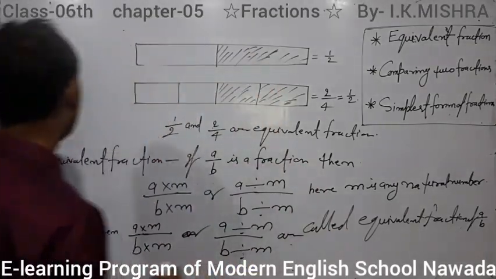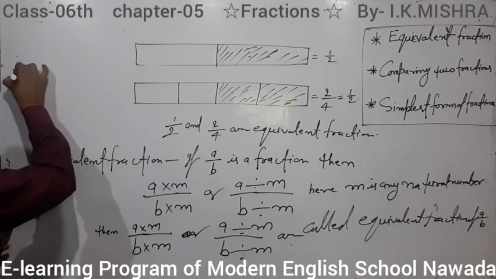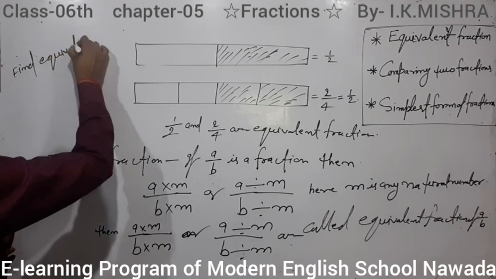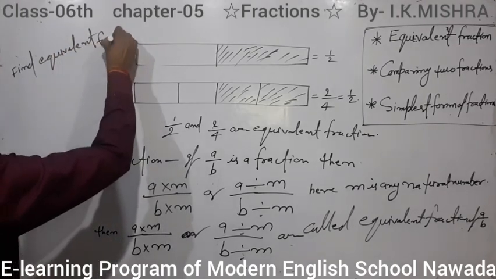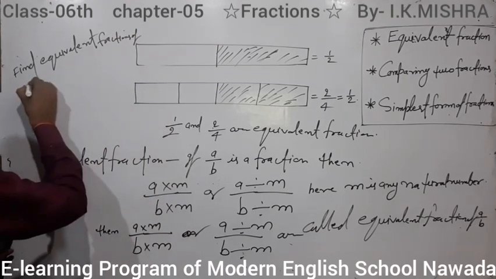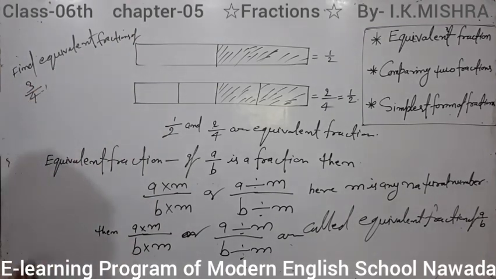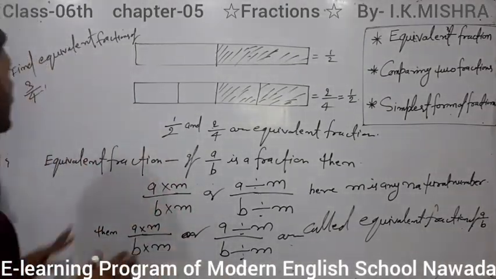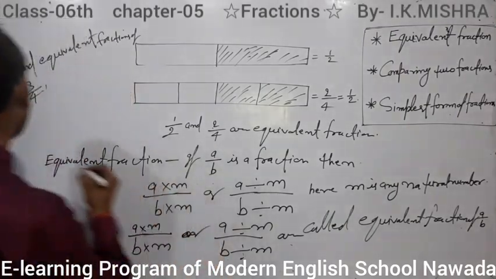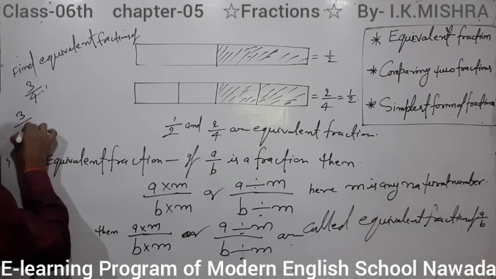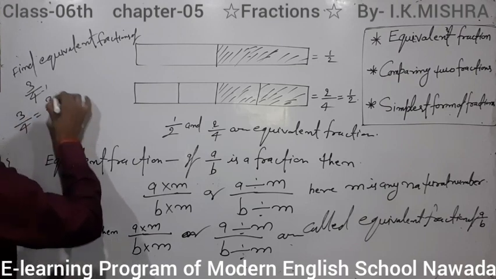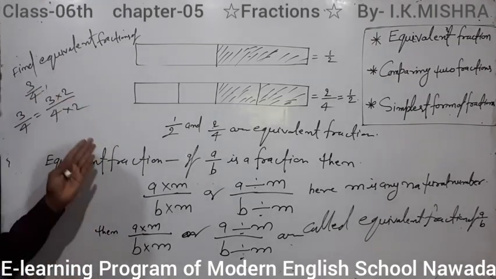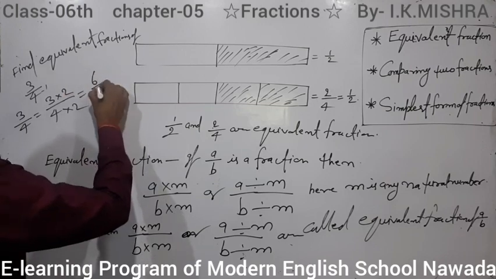Suppose you have to find an equivalent fraction of 3 upon 4. Suppose you multiply. 3 by 4 is equal to 3 by 4 into 2 upon 2. When you multiply numerator and denominator by 2, you get 6 upon 8.